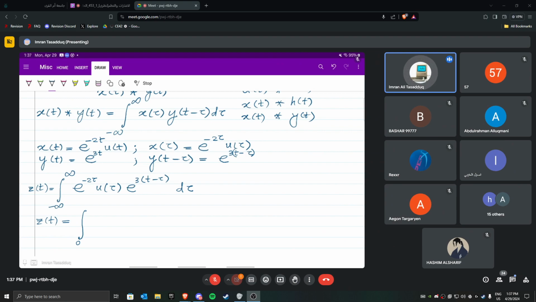So that means there is no limit on the upper value. I can have infinity here, because there is no u, so nobody is restricting you, right? So then it becomes e to the power minus 2 tau e to the power 3 t minus tau d tau, right?